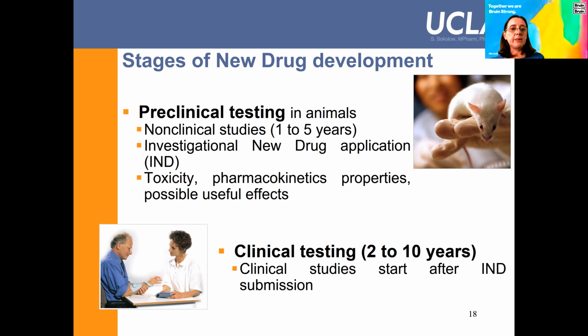They're going to look at safety and toxicity in those animals, because you don't want to give a drug to a patient that was never tested before in cell culture or an animal model. This preclinical testing can vary between 1 to 5 years.